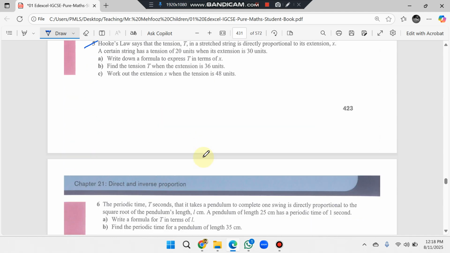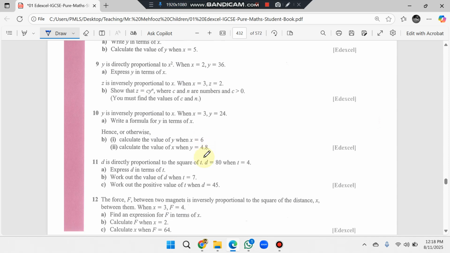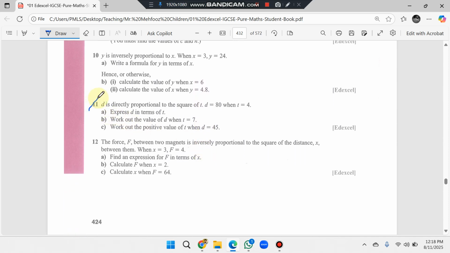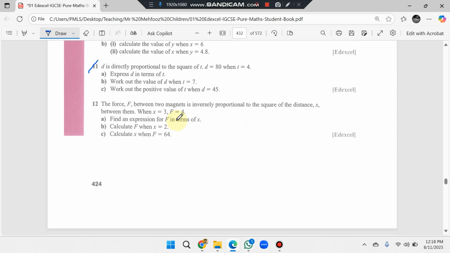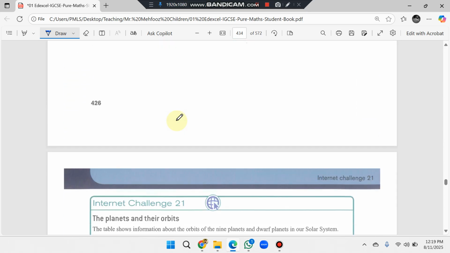Question number 5, Hooke's law, and also question number 11, right? You have to do these questions from the review exercise also.